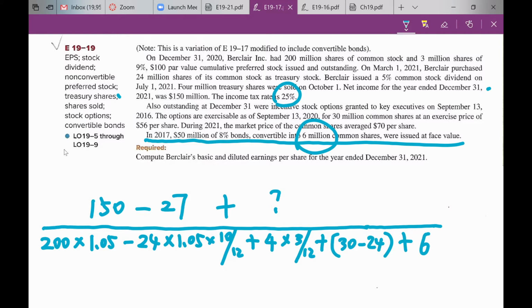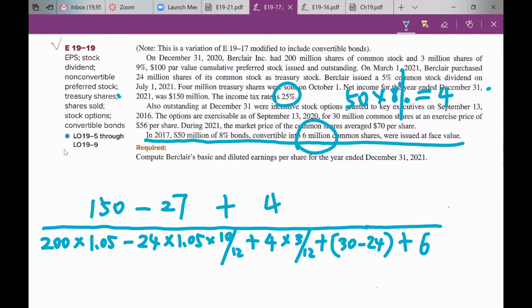Okay, and then if they convert it, then we save the interest, right? The interest expense. How much interest are we going to save? If this is 15 million at 8%, that's why we have this four, right? 4 million in interest expense. We save 4 million. That means our earnings can increase by four, right?